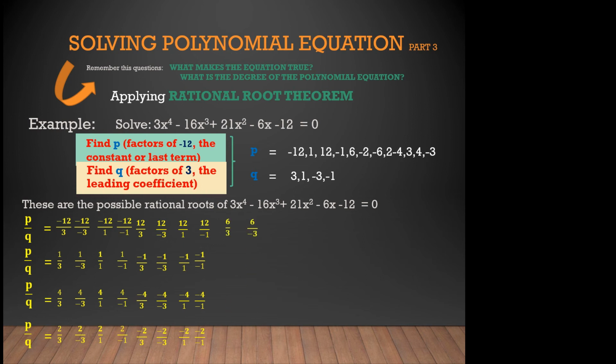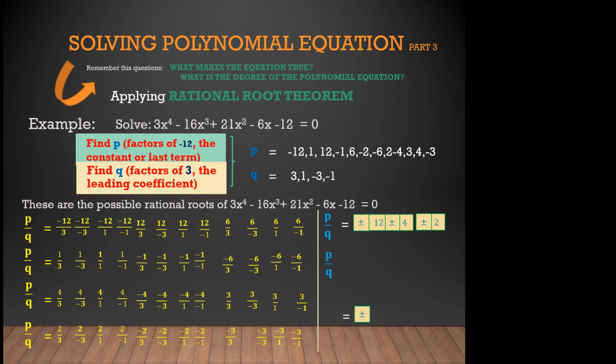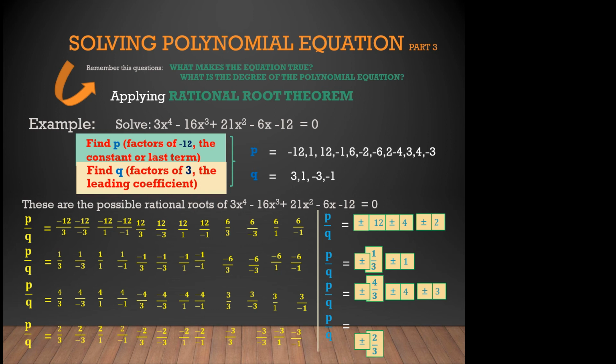We can also use 6 as our p. If our p is 6, we have 6 over 3, which is 2, and 6 over negative 3, which is negative 2.